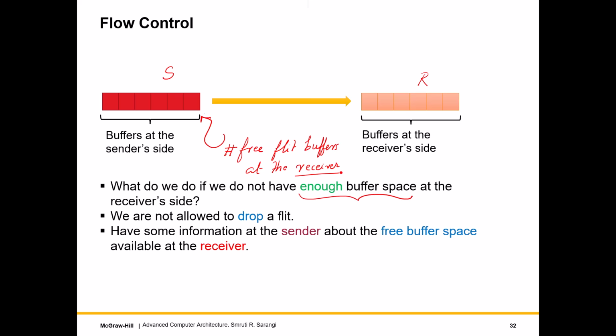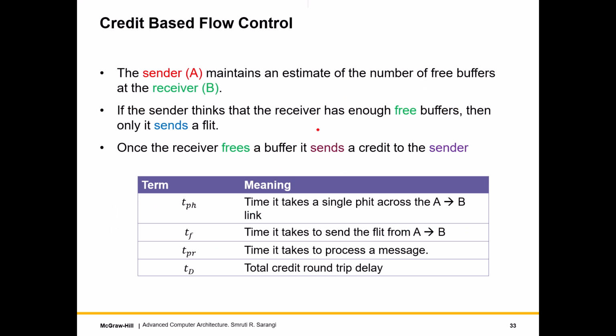This information should be there with the sender. So if the sender thinks that there are 5 free flit buffers at the receiver, the sender will send 5 flits. And then the sender will assume that there are no free flit buffers at the receiver, so it will keep quiet. So as you can see, if I transmit a single flit, that's how it happens.